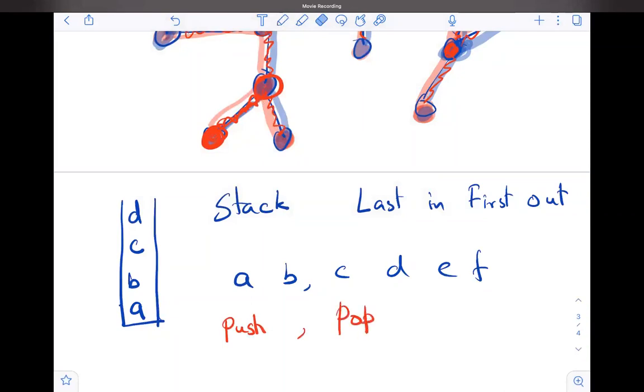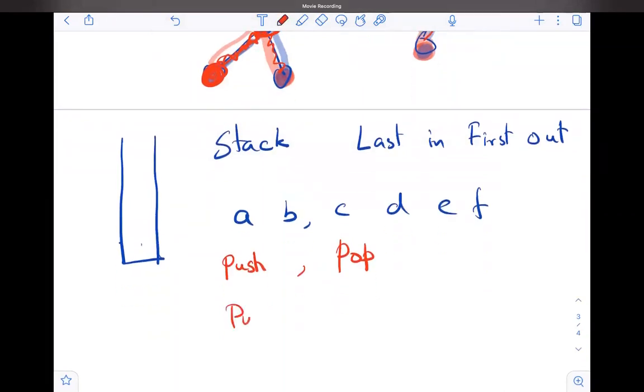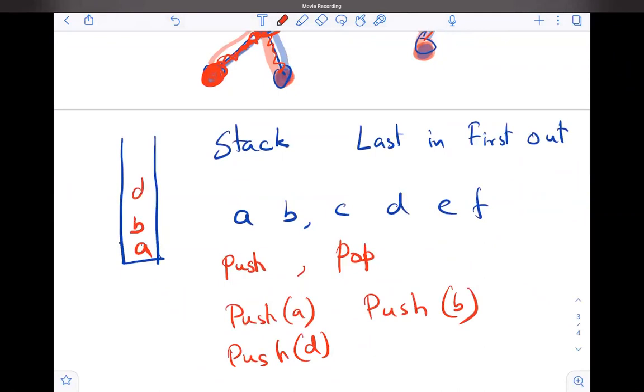Push puts an object inside: push A, push B, push D. Then pop takes nothing as input; it just takes the last one out and returns the topmost, D.